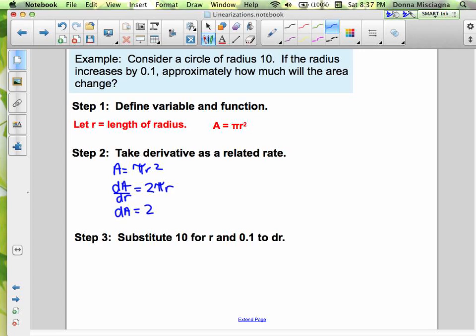So dA equals 2 pi r dr, and we can use that to determine the change in area given a small change in radius. And remember, of course, this is approximating. We are using the tangent line, so the smaller the change in x, the better the approximation. All right, so I'm going to just write that in as 1/10. So that is our dr, and 10 is our r because that's our starting value.